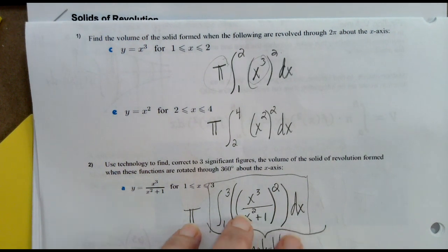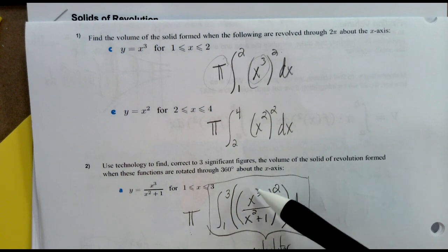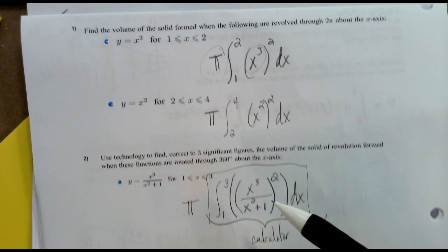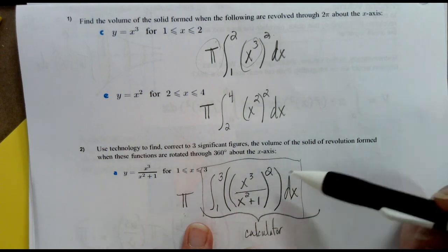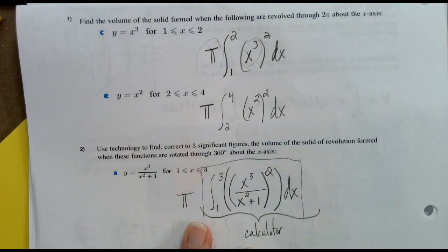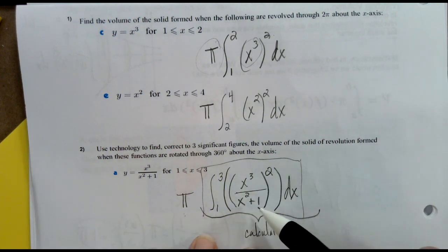Okay? Because it would be punishment for something you've never done, to do this one by hand. It would just be ugly. It would be awful. It would be unpleasant. So this would be the type where you would just write it and then estimate it using your calculator.